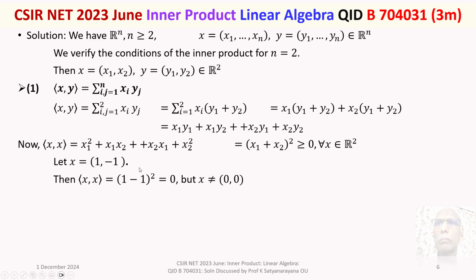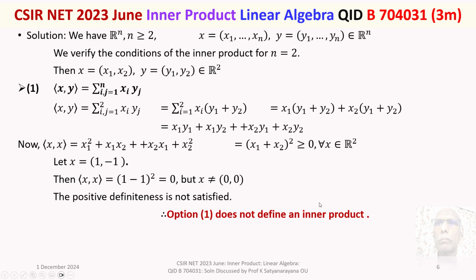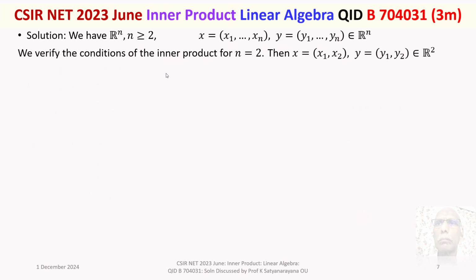It is 1 comma minus 1. It is not 0. So which property has failed? The positive definiteness is not satisfied. That is IP5 is not satisfied. Therefore, option 1 does not define an inner product. Right. Let's move to the next option.